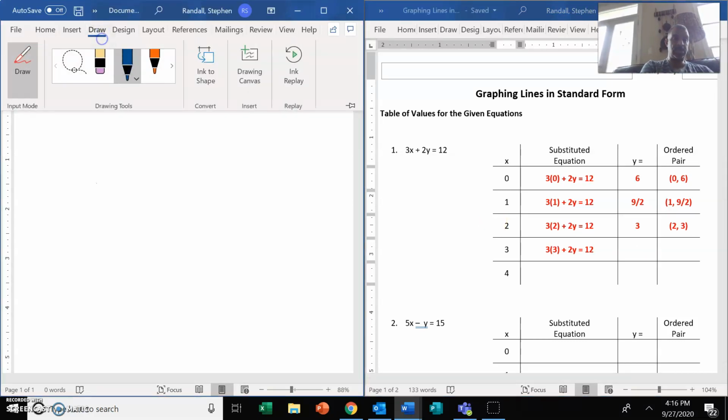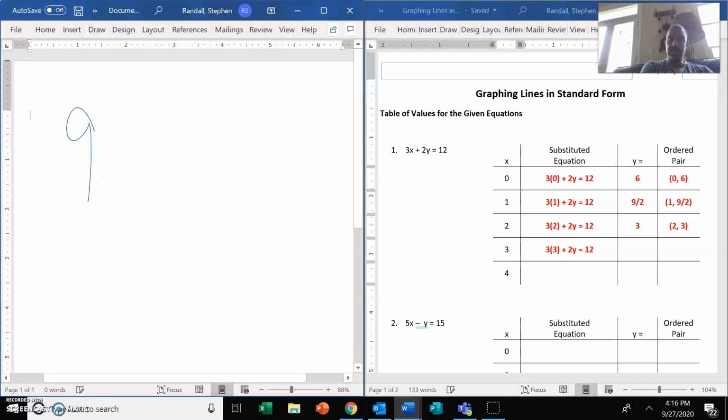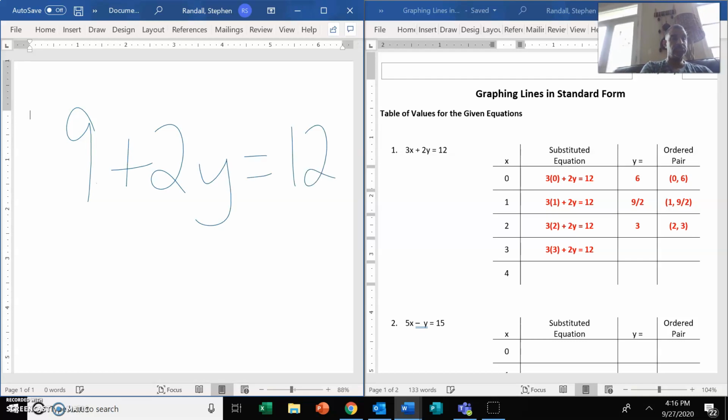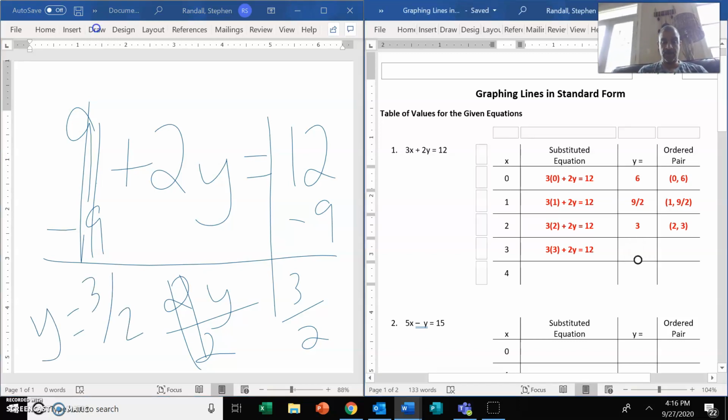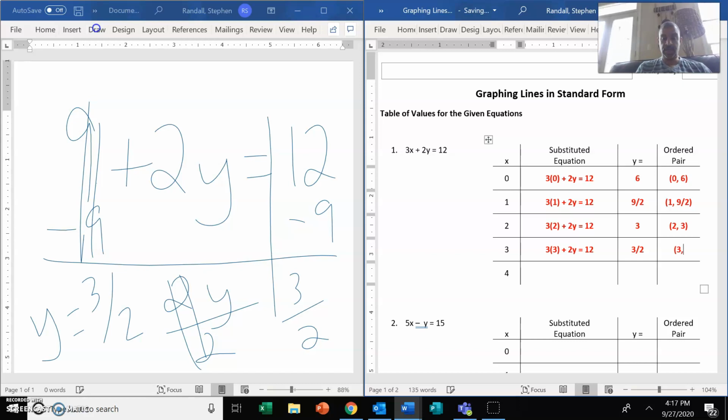So now my equation is 9 plus 2y equals 12. So I draw my line, I subtract 9, cancel. This is getting pretty rote, it's just the same thing over and over. Now y equals 3 over 2. So now I can go here and put 3 over 2. And I get an ordered pair with x is 3, y is 3 over 2.